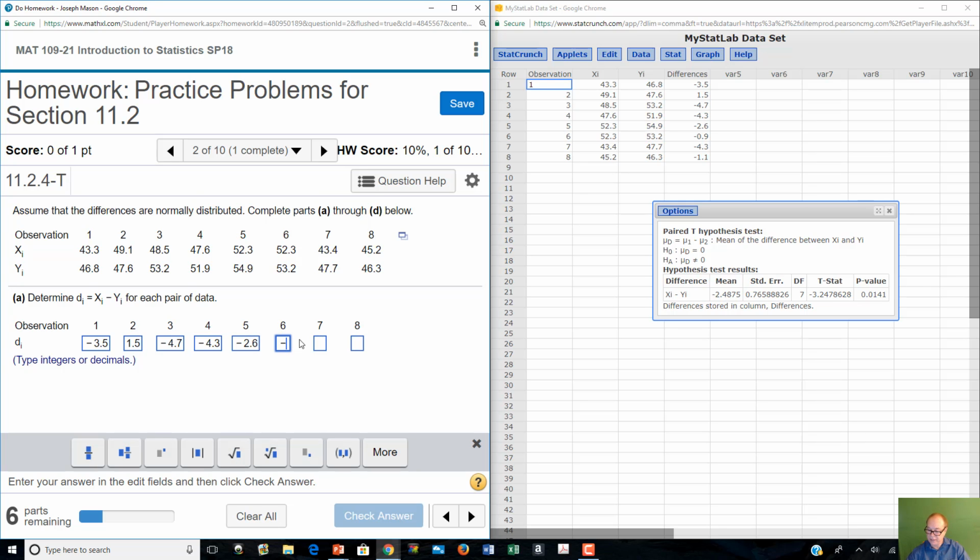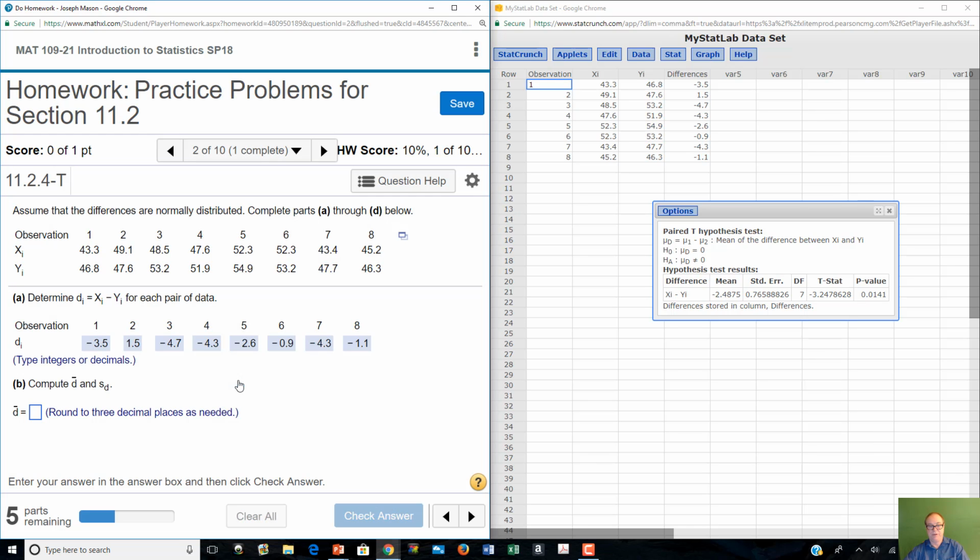Negative 0.9. Negative 4.3. And negative 1.1. So you just enter the values, the differences. Check answer, we're good. Now, compute D bar and SD.